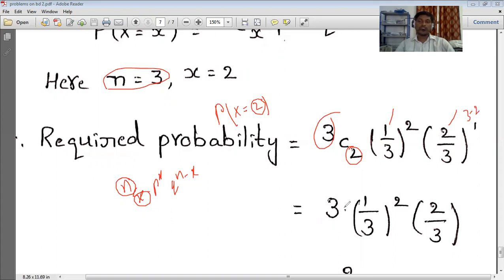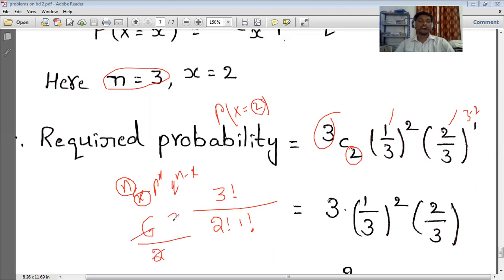Okay. Now we are going to calculate 3C2. We apply nCr, so n factorial by r factorial into (n minus r) factorial, that is 3 factorial by 2 factorial into 1 factorial. Here 3 factorial is 3 into 2, which is 6, 2 factorial is 2, and 1 factorial is 1.